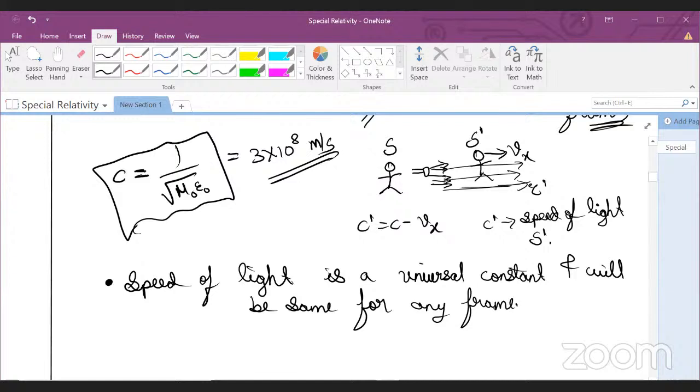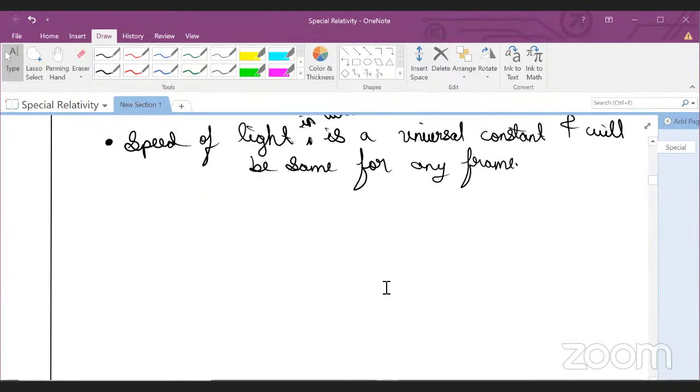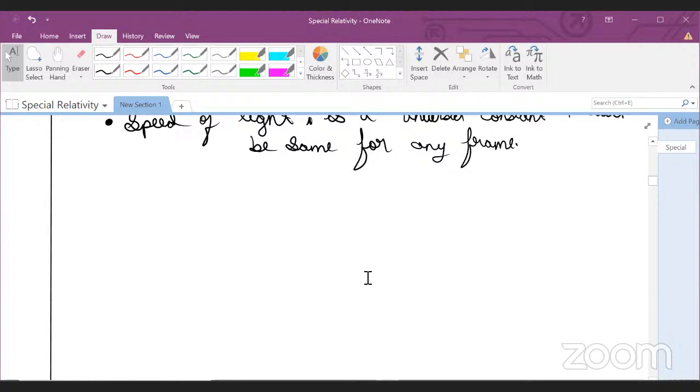Let the frame of reference be at rest, or let the frame of reference accelerate, or let the frame of reference be in uniform motion. For any observer, whatever be his motion, the speed of light is the same for him in vacuum. So this is one of the fundamental postulates that Einstein used, and this is fairly true in every scenario. Speed of light doesn't change.